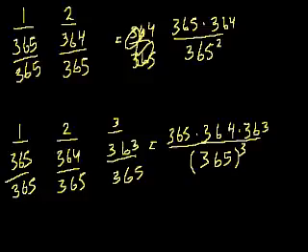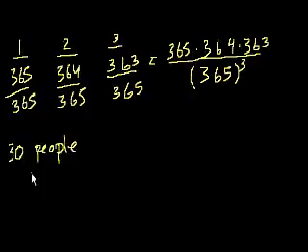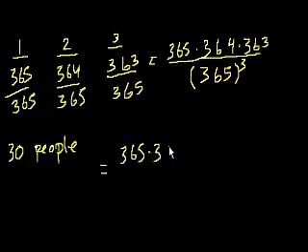And so, in general, if I just kept this process going for 30 people, the probability that no one shares the same birthday would be equal to 365 times 364 times 363. I'll have 30 terms up here, right?